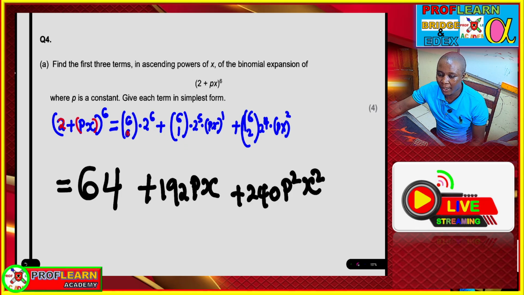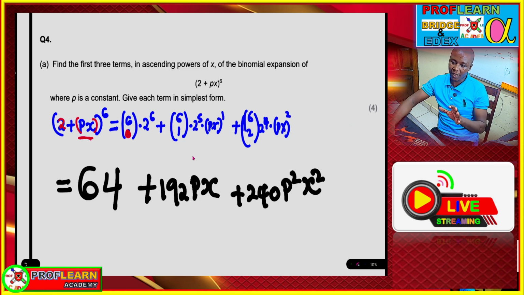There's no need writing px raised to power 0, which is 1. Then the second term will be 6 combination 1 times 2 power 5 into px raised to power 1, and then 6 combination 2 times 2 power 4 into px raised to power 2.